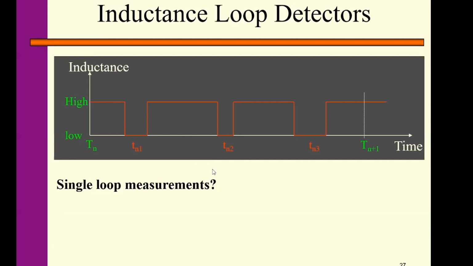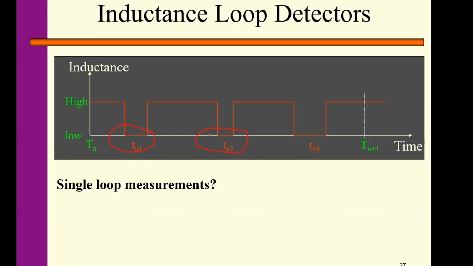If vehicles travel at the same speed, for example, this is the output of the sensor when a long vehicle occupies the sensor. This could be the output of the sensor when a small passenger car passes through the sensor, right?